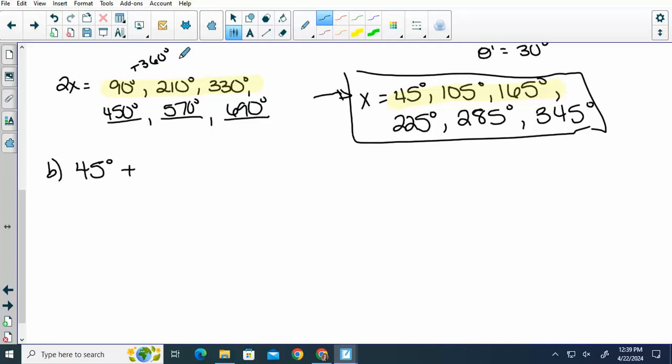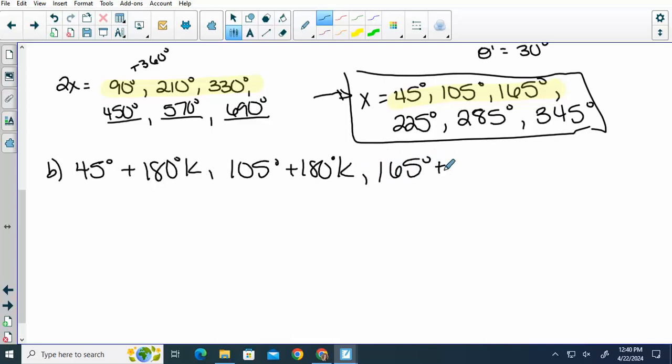So when you divide that by 2, what do you get? 180. So you could write each of these plus 180K, where K is an integer.